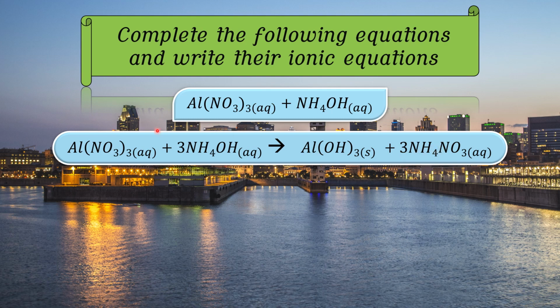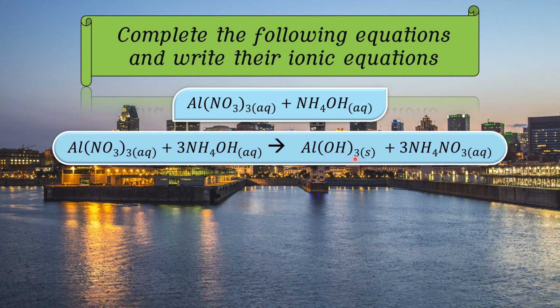After writing and completing the whole equation and balancing it, we are going to get the ions. Remember, we get the ions from the aqueous solution. Aluminum nitrate will give us ions. Ammonium hydroxide will also give us ions because it is aqueous. Aluminum hydroxide will not give us ions because it is a solid.